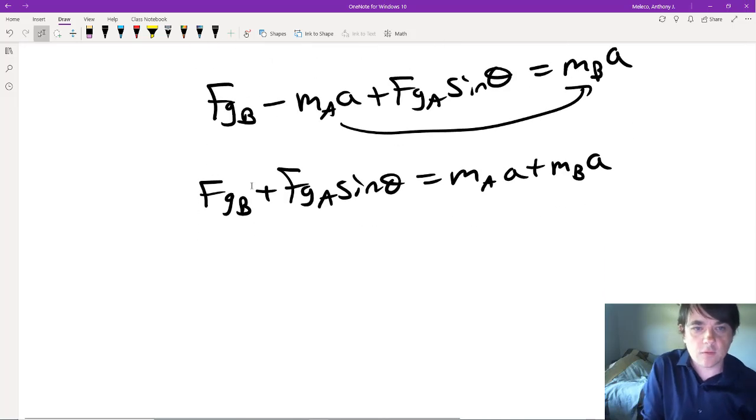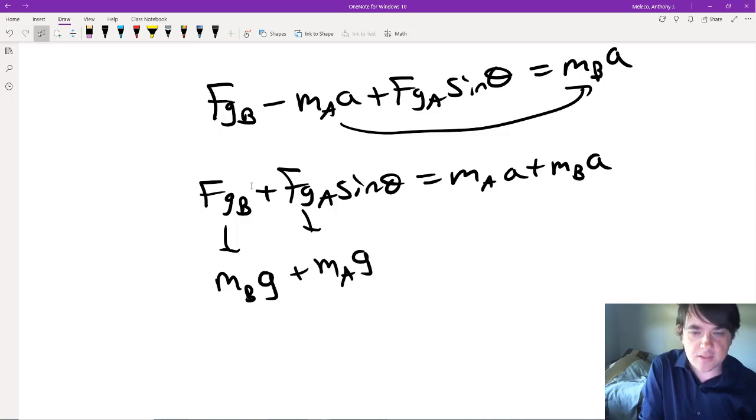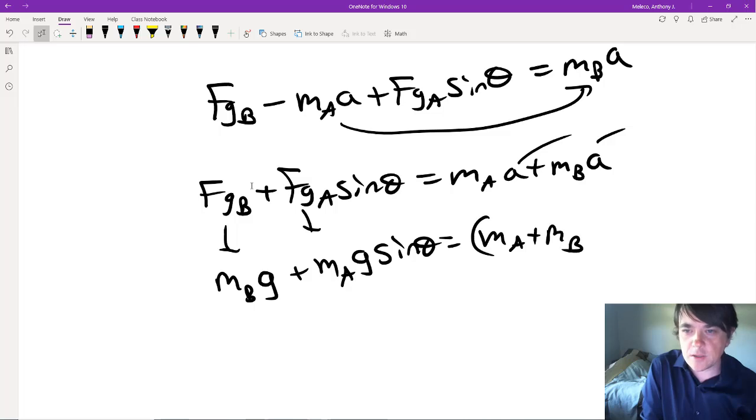Add that over. At this point, this is m_B times g, this becomes m_A times g with the angle, and then we can pull out the a's, so it's m_A plus m_B times a.